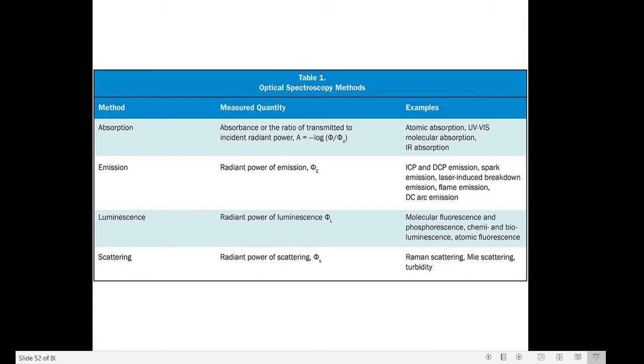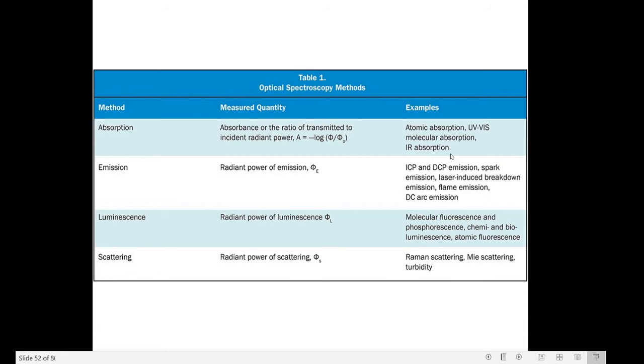These are four different optical spectroscopy comparisons. If there is absorption spectroscopy, it measures the ratio of transmitted to incident radiant power. The measured quantity is absorbance or the ratio of the transmittance. That is the output.